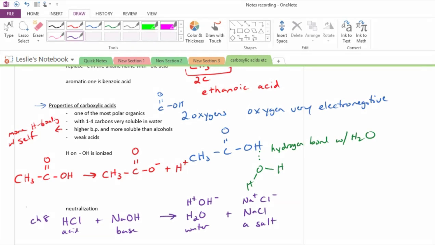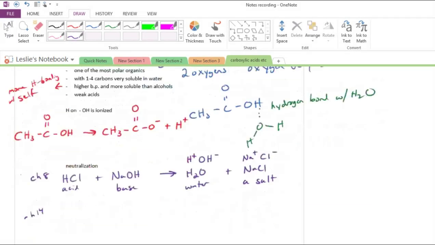So here in the carboxylic acids chapter, here's our acid, and our base. So the H of the acid and the OH of the base are still going to go together to make water.